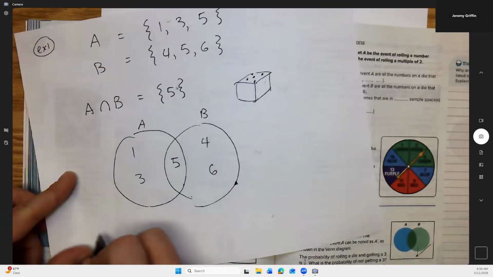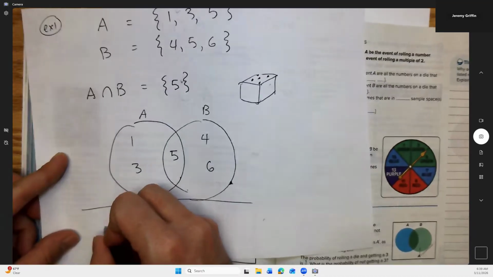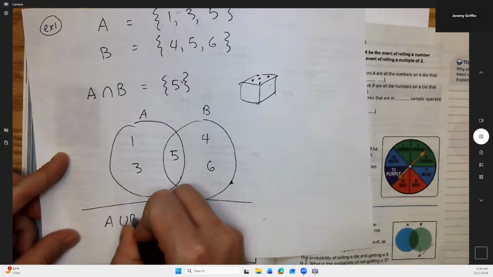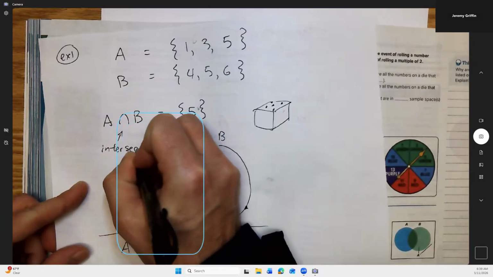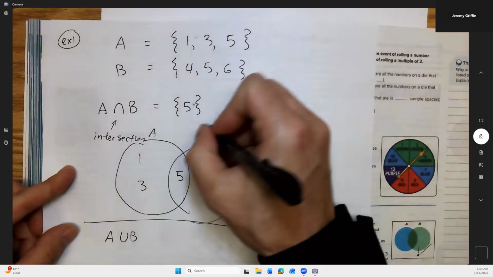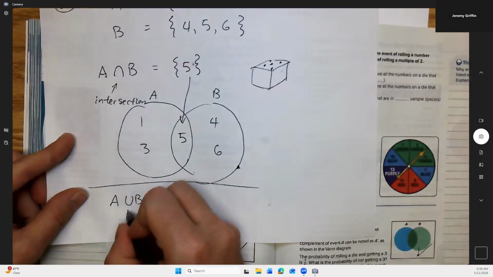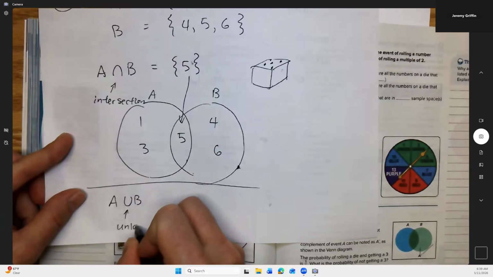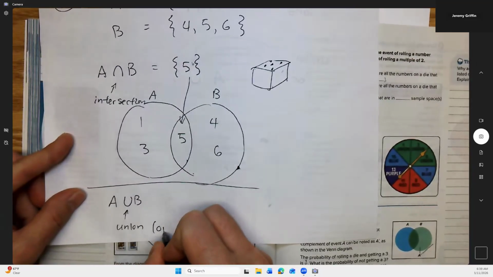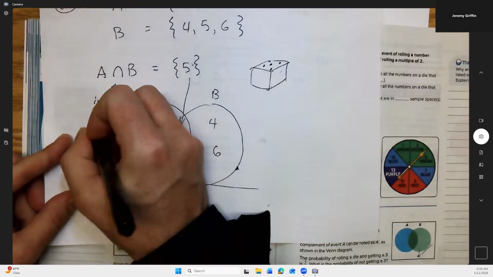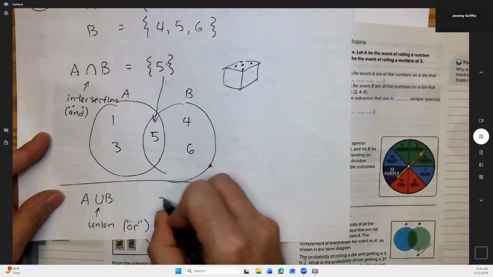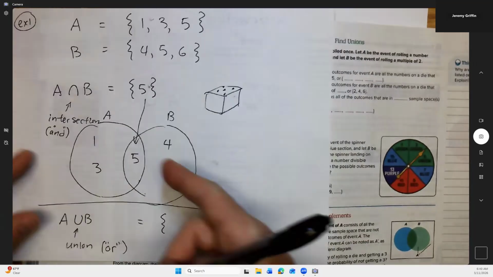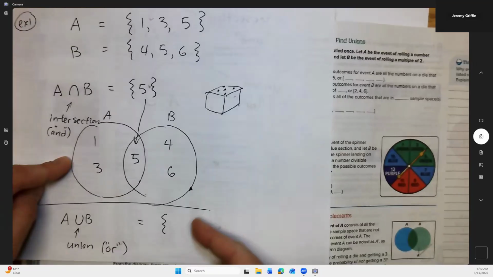Because if they said something like, what is A union B? Remember, this right here is intersection, which is just that right there. If they say union, which is like "or," as opposed to intersection, which is like "and," then I would say it could be any of these numbers, pretty much anything except for 2.